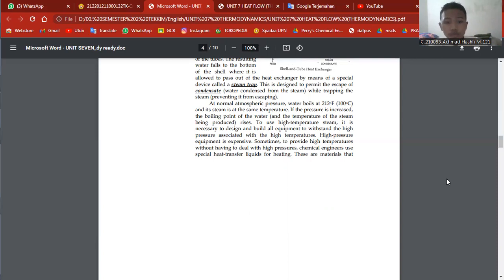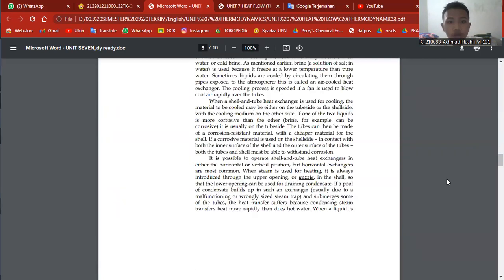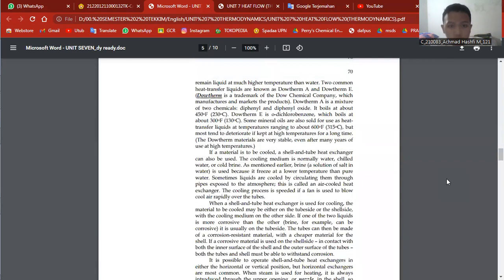Sometimes, to provide the high temperatures without having to deal with high pressures, chemical engineers use special heat transfer liquids for heating. These are materials that remain liquid at much higher temperatures than water. Two common heat transfer liquids are known as Dowtherm A and Dowtherm E. Dowtherm is a trademark of the Dow Chemical Company, which manufactures and markets the product.